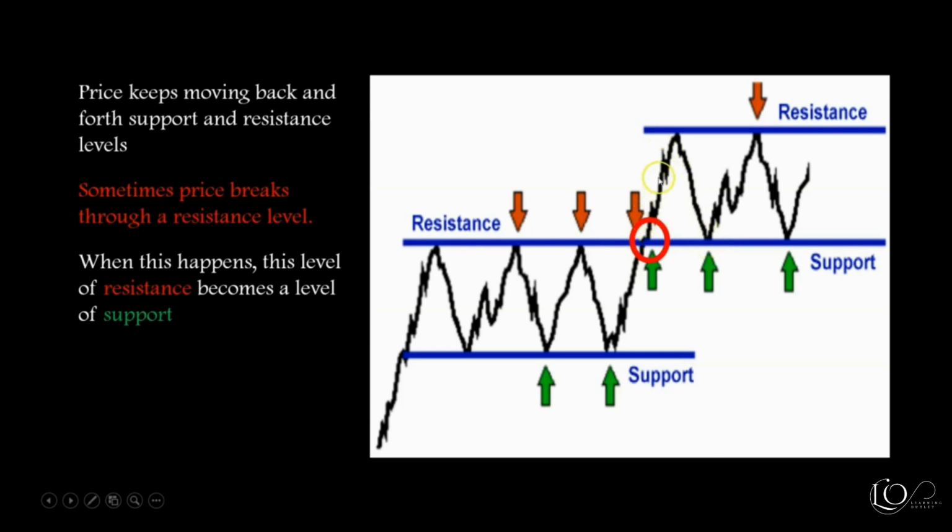So as prices push upwards, sellers come in, they push the price back downwards, but at this level now, which was the previous resistance, is now going to start acting as support, and then it'll push prices back upwards.